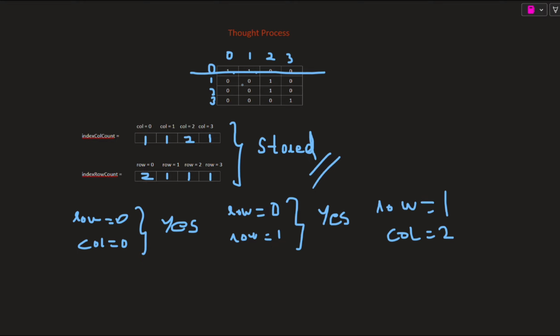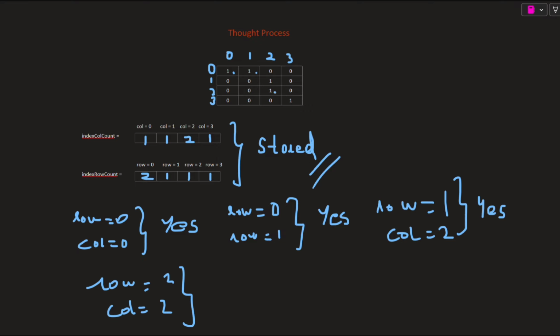Yes, so it can communicate. Now row 1 column 2. When we check the row, row 1 contains only one server, so we'll check column 2. Column 2 contains two servers, so it can communicate. It is yes.